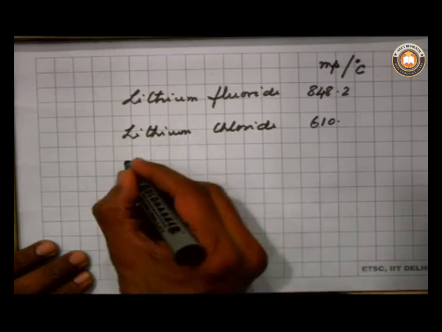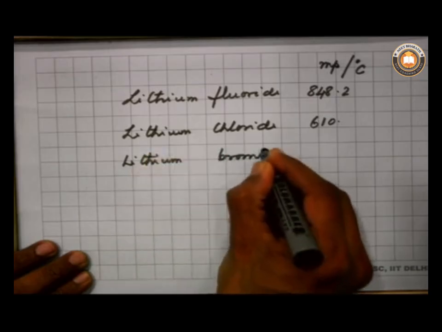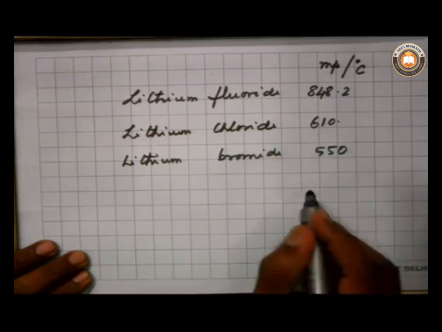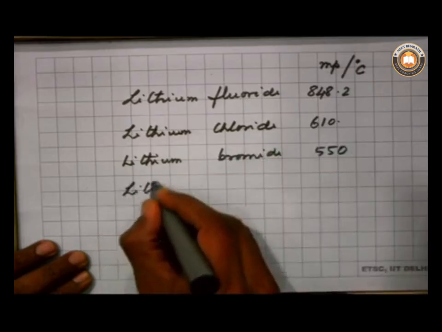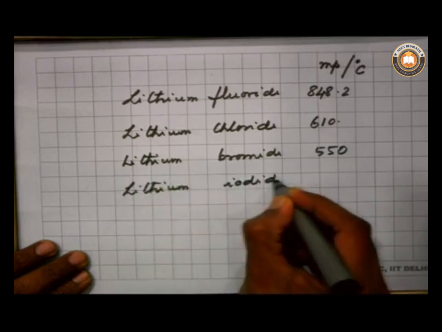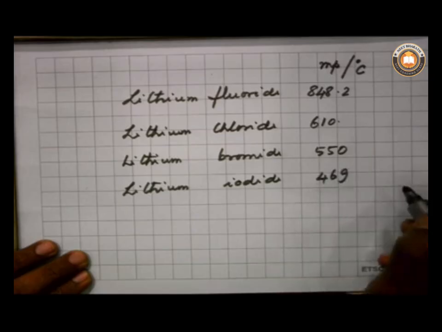Now, you can go down this group, and you will see that lithium bromide has a melting point of 550 and lithium iodide has a melting point of 469.